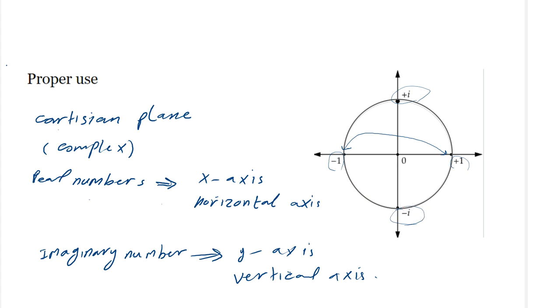I'm going to show you some examples of that. For example, we say that -1 equals i multiplied by i. So it is the square root of -1 multiplied by the square root of -1.